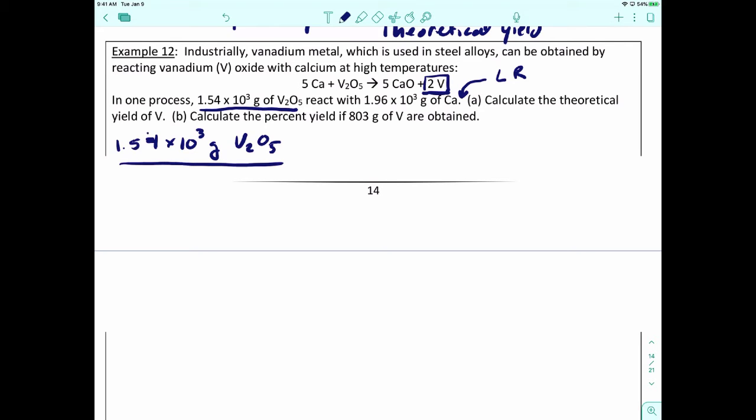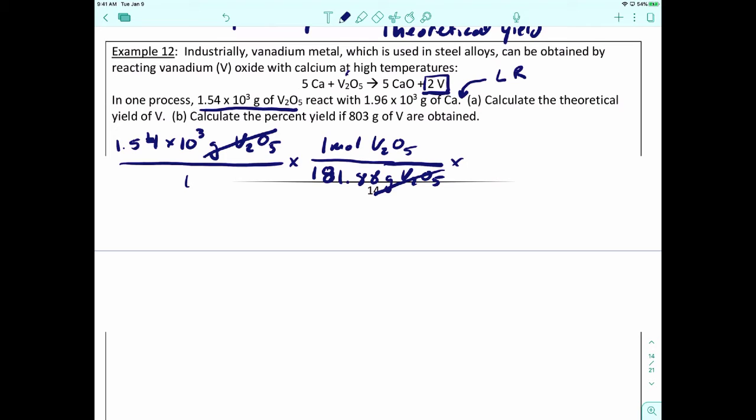We need to convert this from grams to moles. The molar mass for V2O5 is 181.88 grams of V2O5. I put that on the bottom, 1 mole of V2O5 on the top, so that the grams of V2O5 cancel out.